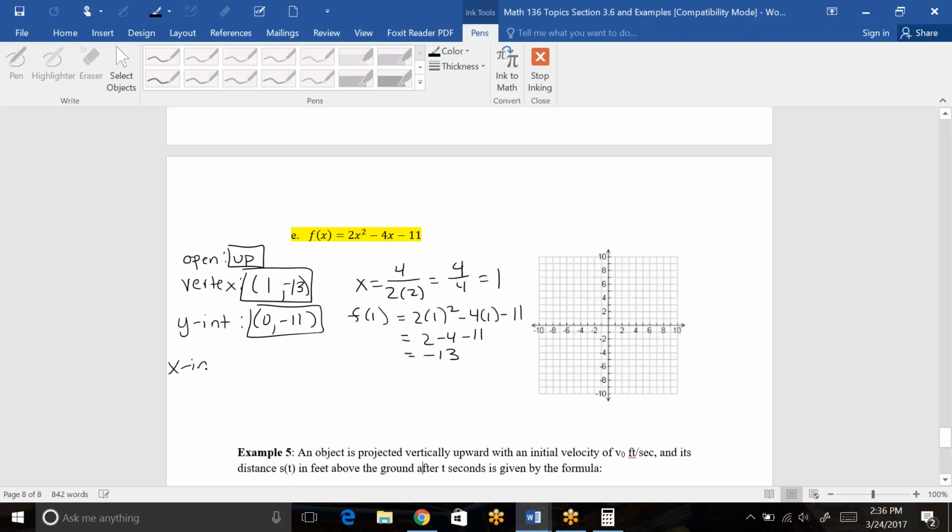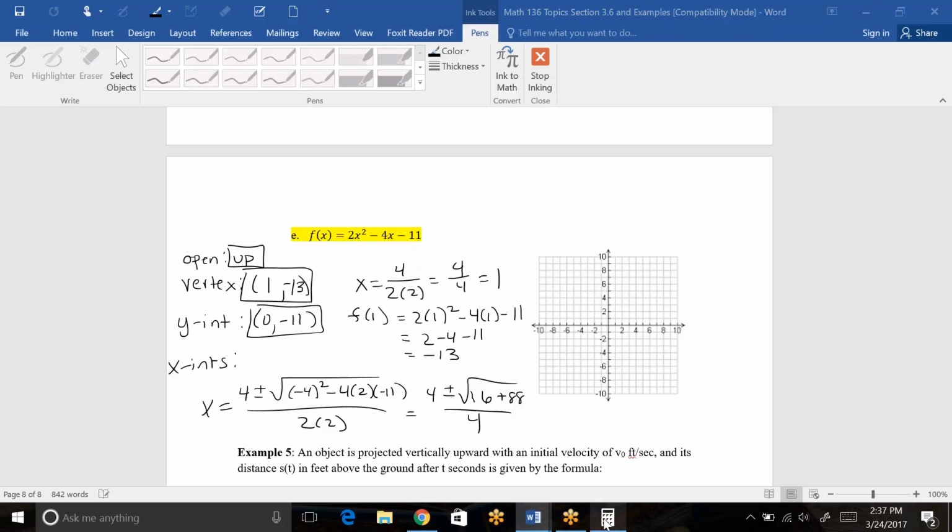Our x-intercepts, if we have them, so let's plug this into the quadratic formula. So x equals -b plus or minus the square root of b squared minus 4ac all over 2a. So that's 4 plus or minus the square root of 16 plus 88 all over 4.